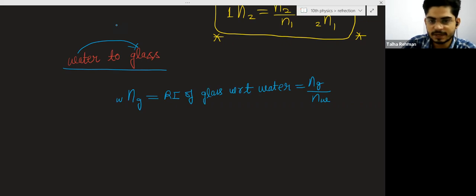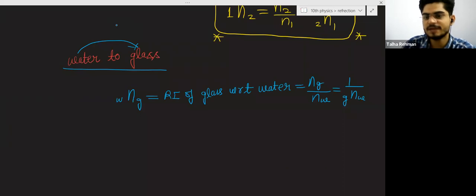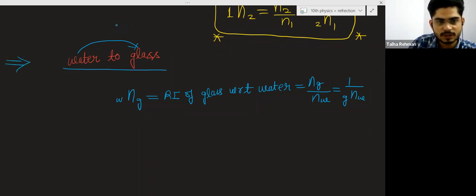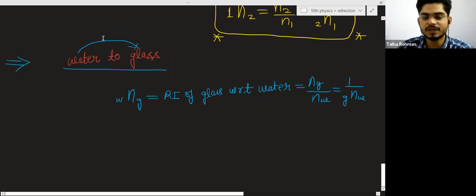And this can also be written as 1 upon, and this G will go this side and this W will go this side, G and W. It means that this is the refractive index when the light ray is going from glass to water. Okay. So this thing is very, very important. So just note it down and I will give you the time for noting this. Just we will solve one question.